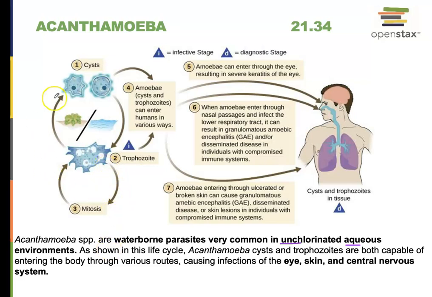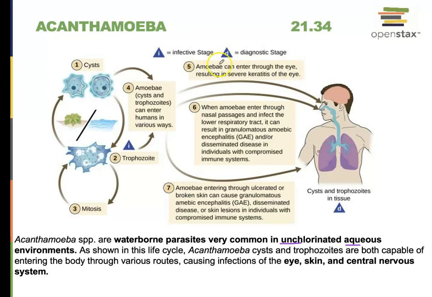And so let's follow this along, right? We have our cysts that are in the water. If you go swimming and you get unlucky and this thing enters your eye, it can enter your skin. It can also affect your central nervous system if it gets into your bloodstream. But what tends to happen is that you'll get it into your nose or your eye.